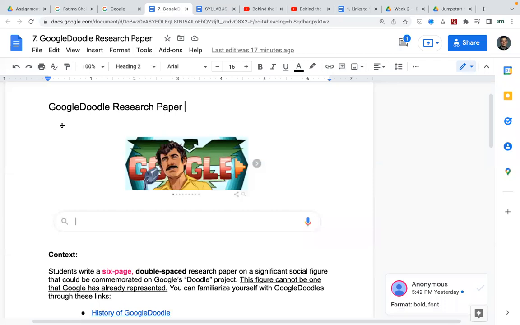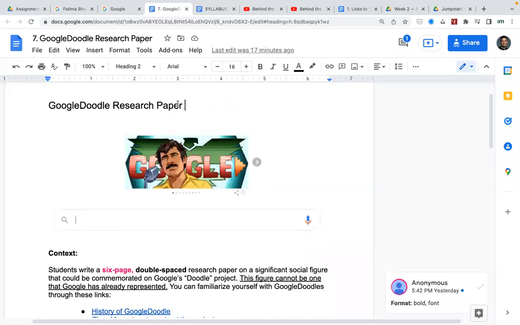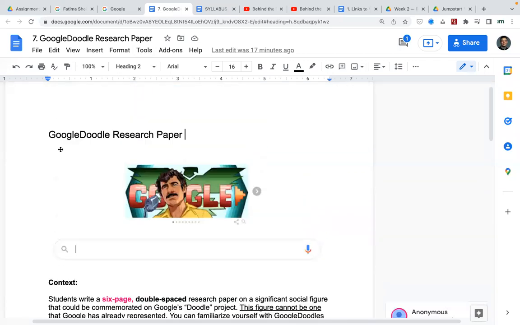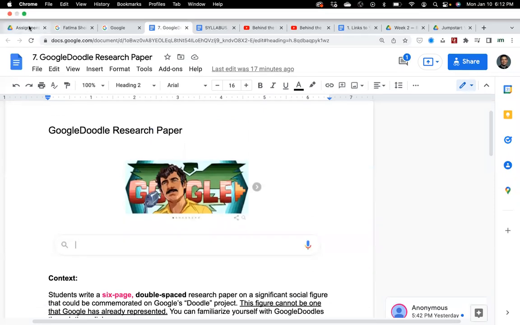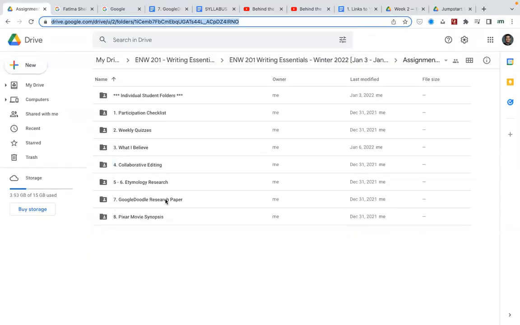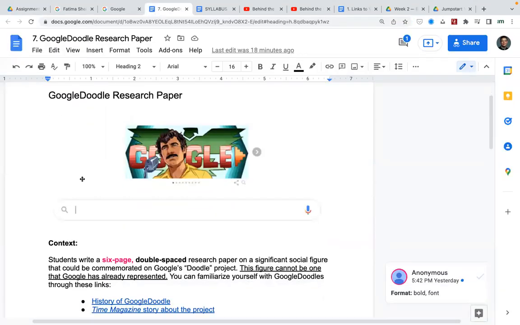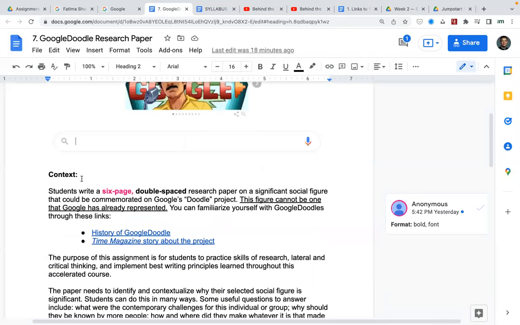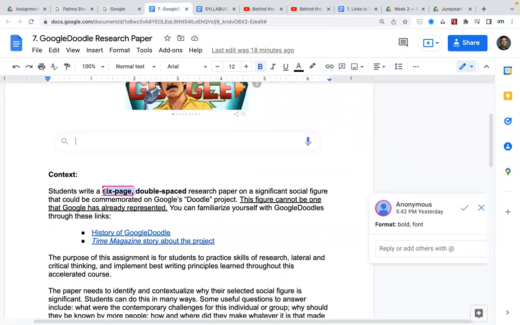If you want a more thorough description of what is expected, go to assignments, and then number 7 is the Google Doodle research paper. Key things to note, it is 6 pages, it's double spaced. 6 pages might seem like a lot, it truly isn't when it's double spaced.